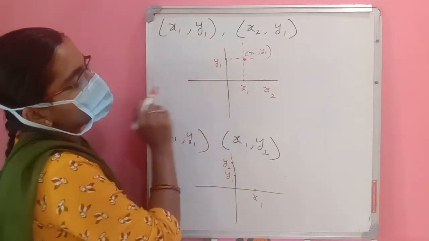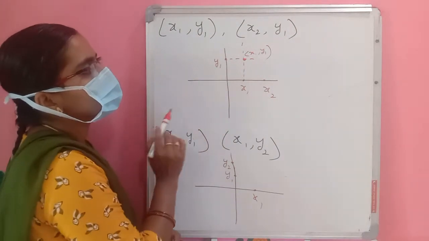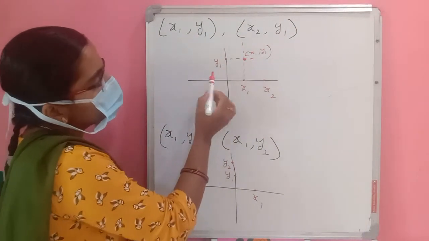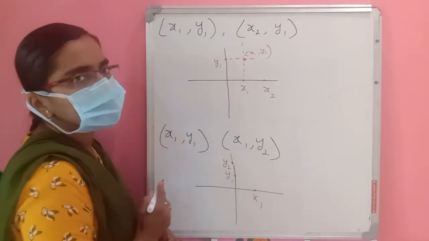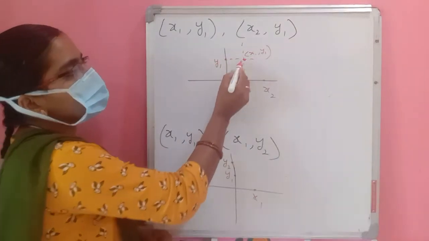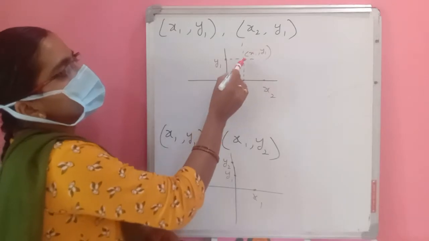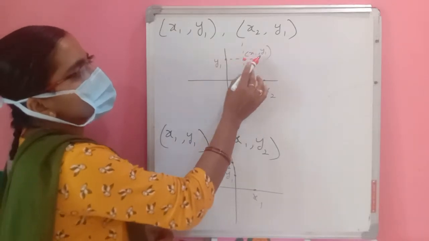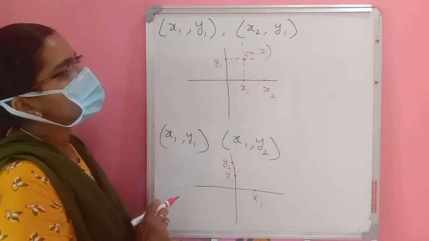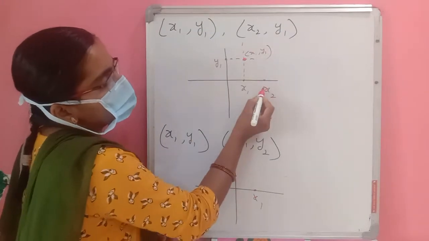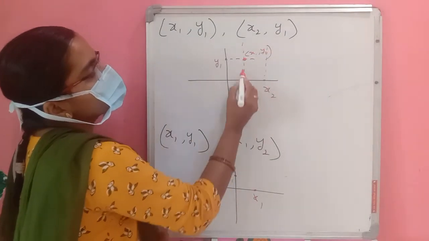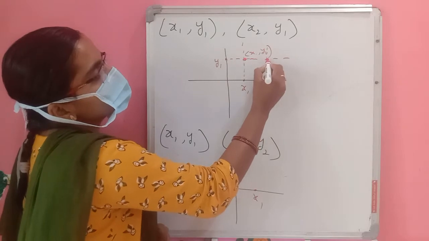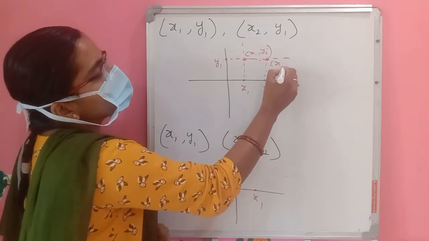We have to prolong the line from x1, and from y1 also we prolong a line parallel to the x-axis. Where these two lines meet, that is the point x1 y1. Like this we have to plot. Next x2 y1: here we have x2 and this is y1. So this is x2 y1.